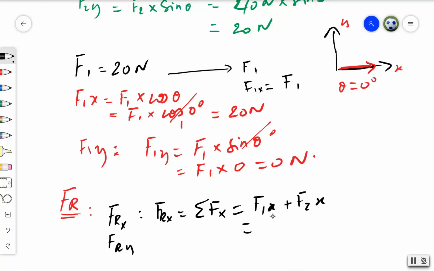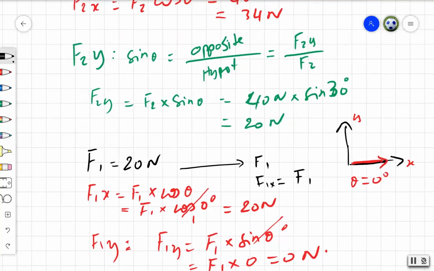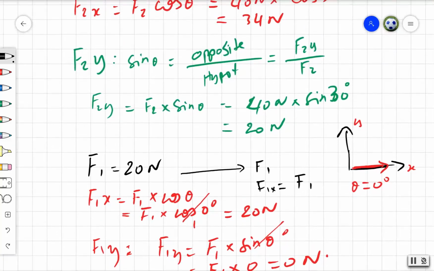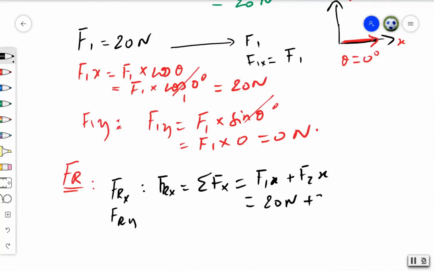F1x equals 20 Newton plus F2x, which is 34 Newton, already calculated, and this equals 54 Newton.